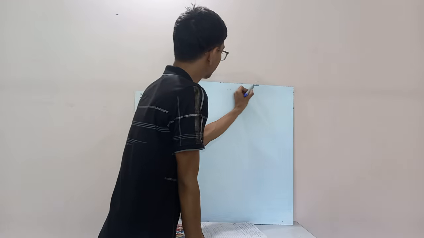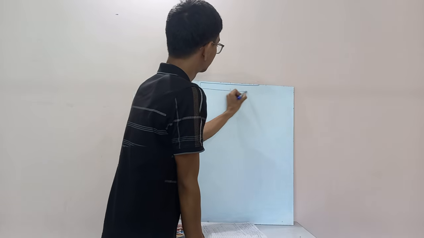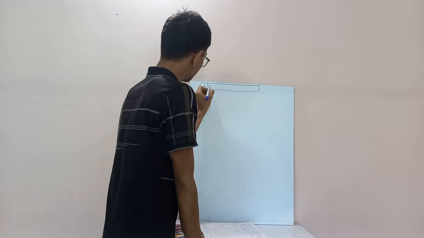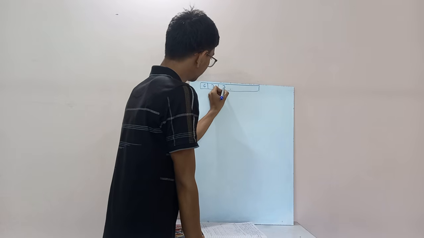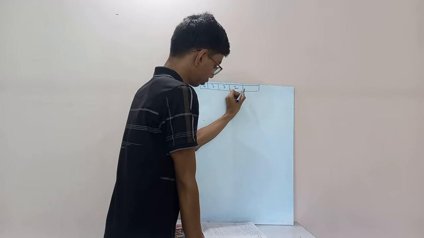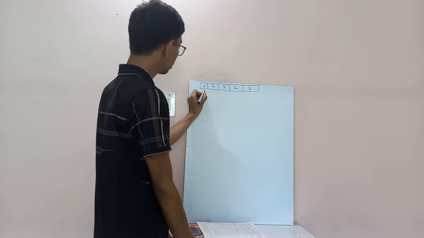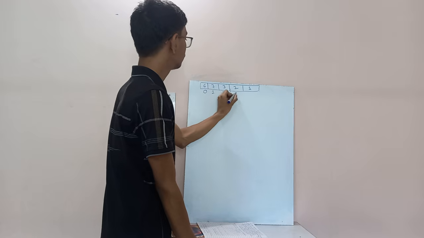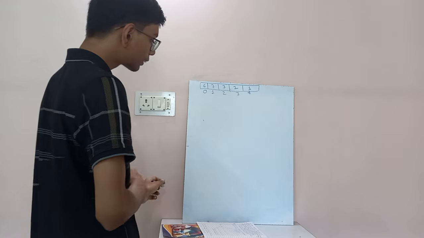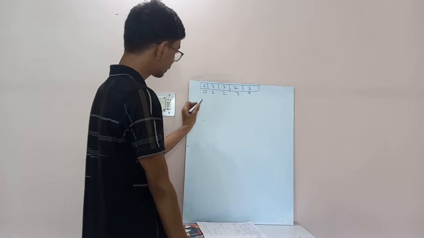Suppose I have an array having elements 6, 7, 3, 2, 1, starting from index 0, 1, 2, 3 and 4. I have to make sum of pair of given arrays.